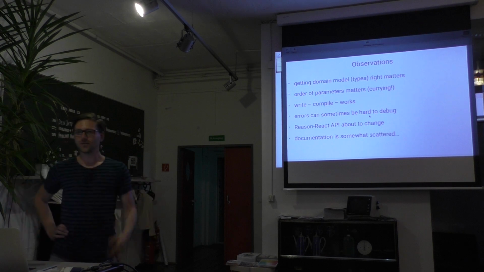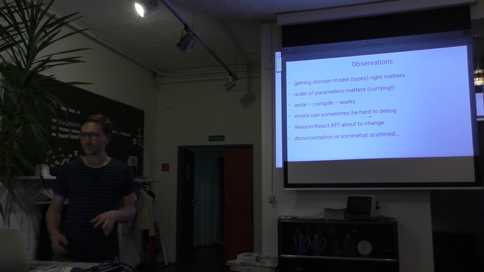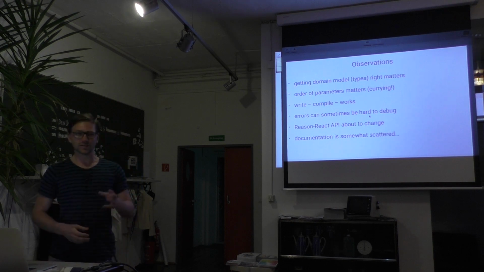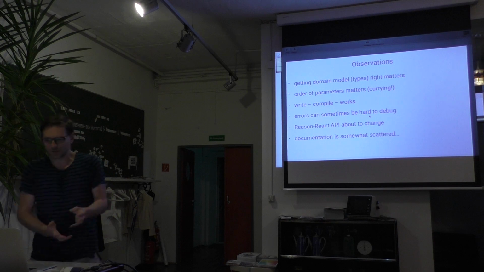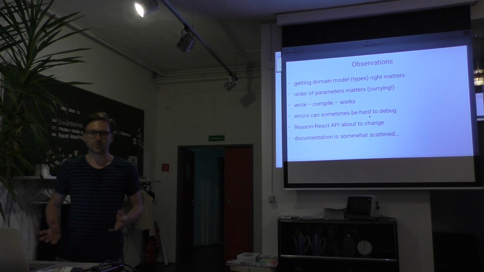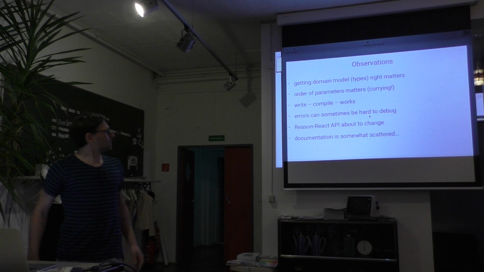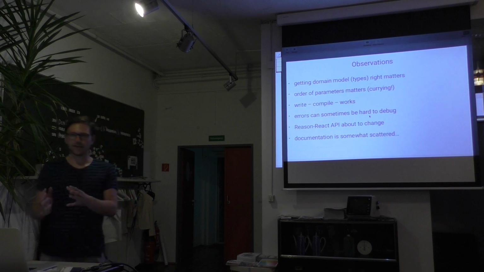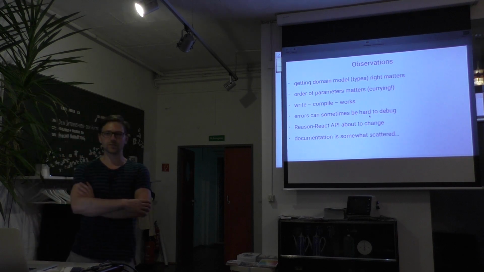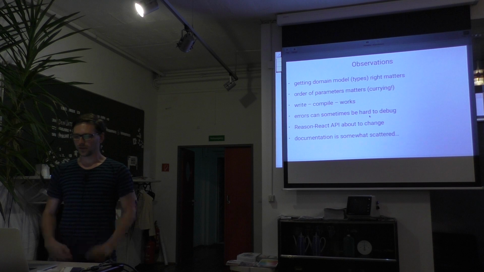They can probably also improve some of the error messages in the language, because sometimes it was a bit cryptic what was going on. Like, it was complaining about some variable being used in a way that doesn't really work, but what do you do with that? And one thing that we saw, sometimes it's useful to just add explicit type declarations to your functions. That can help with that.